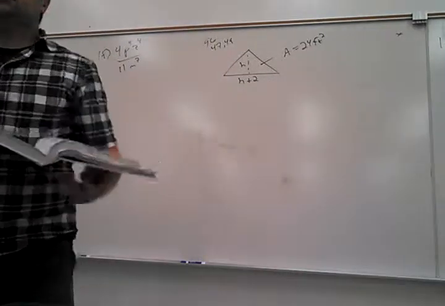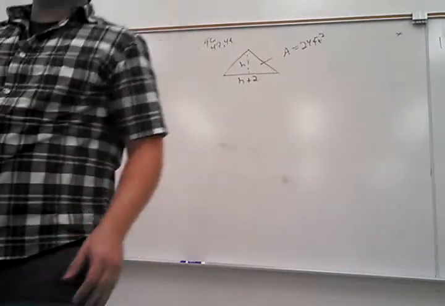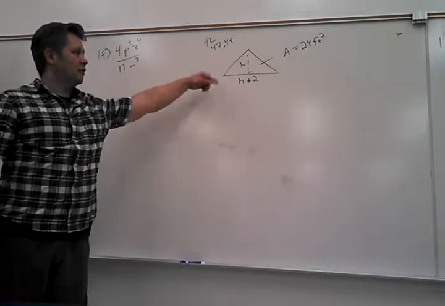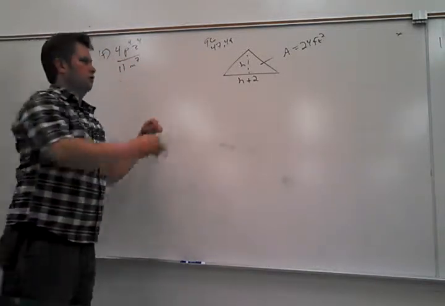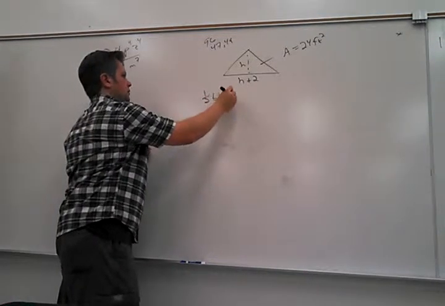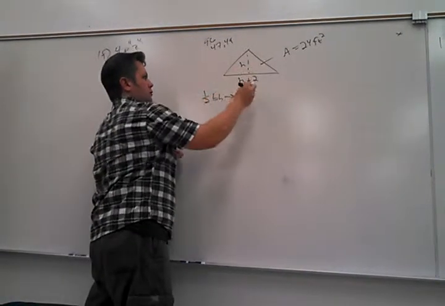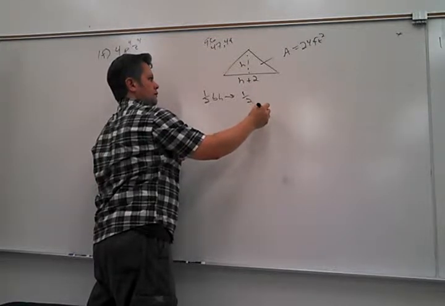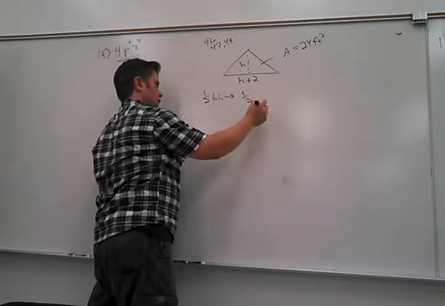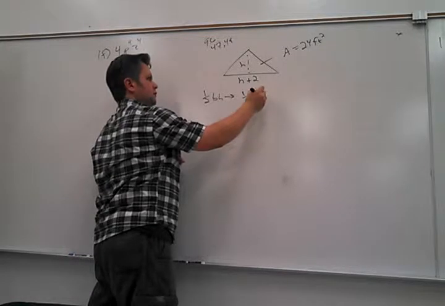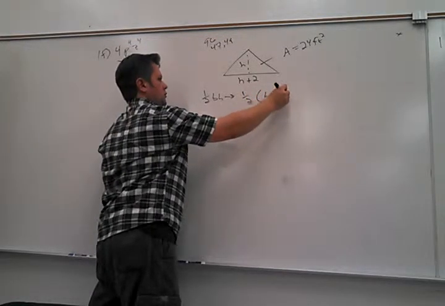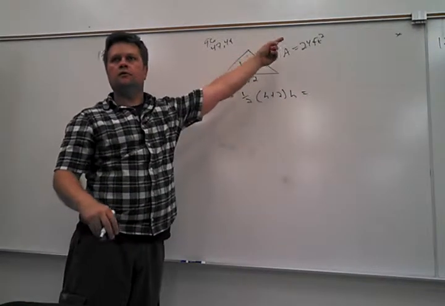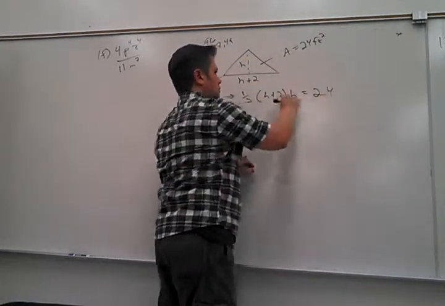What are the dimensions? The biggest mistake people make is they forget that it's a triangle. What is the area formula for a triangle? 1/2 base times height. So here the area would be 1/2 times B. What's the base? x plus 2. What's the height? x. And what is the area supposed to be? 24.